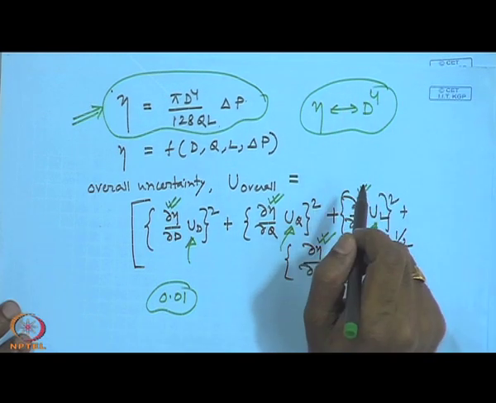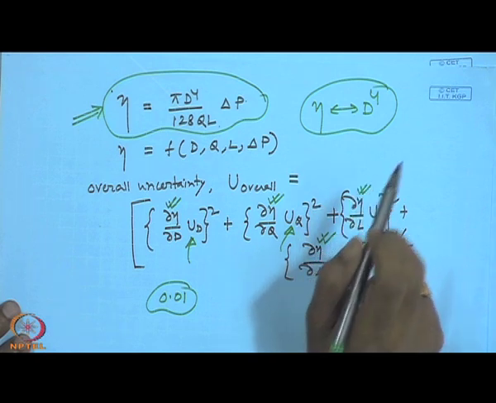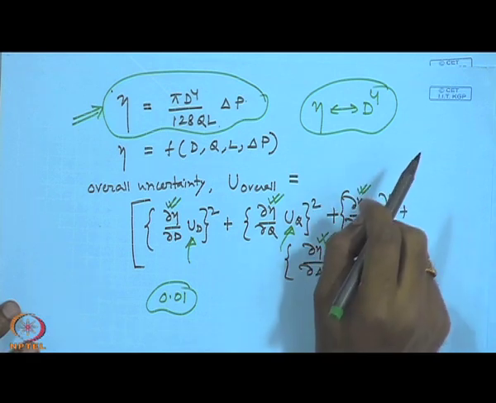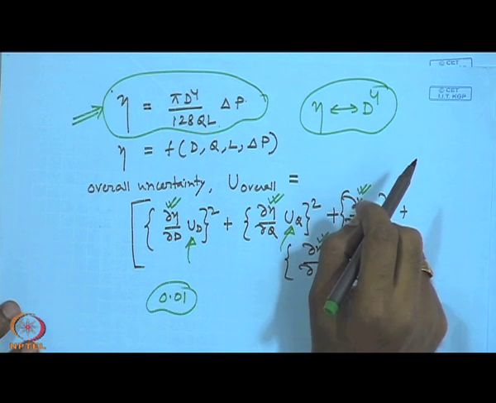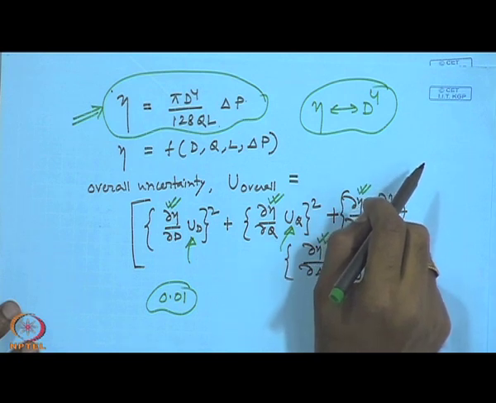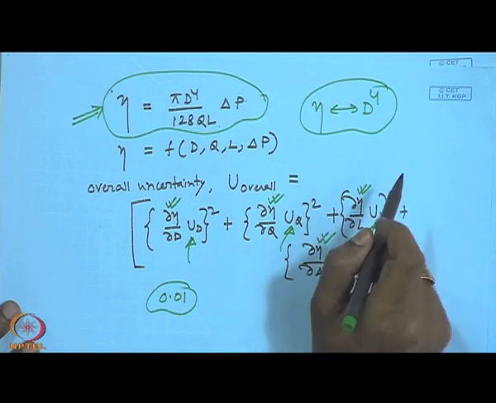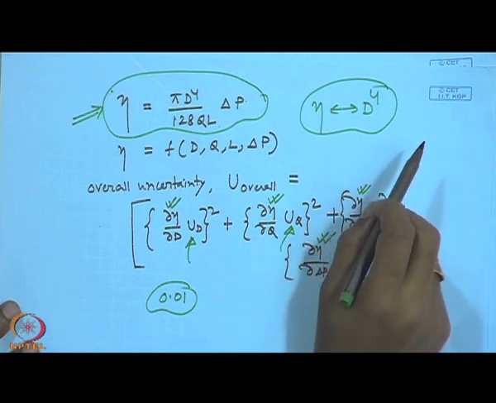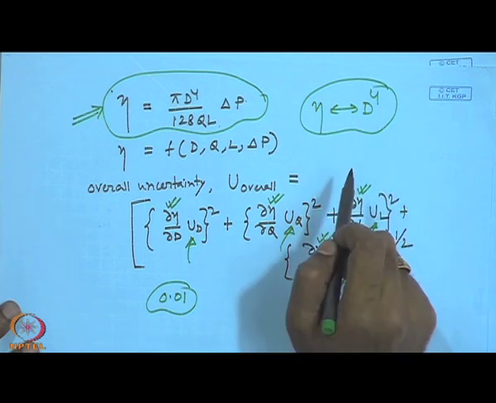That is the reason we see a very sharp decrease in uncertainty when we reduce the uncertainty in the diameter.